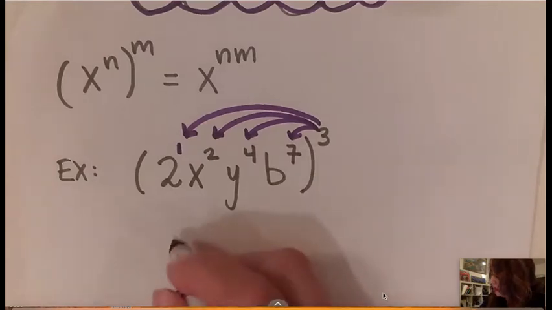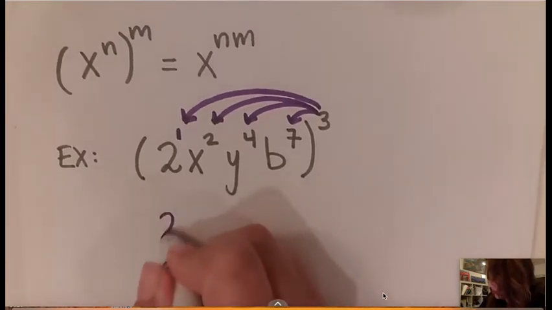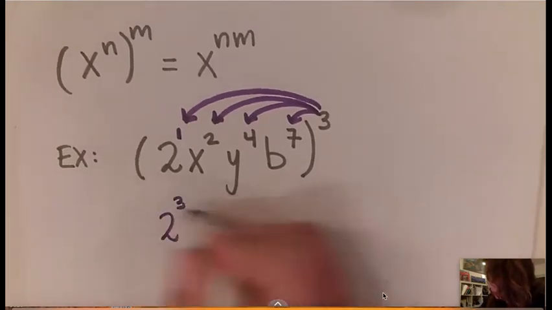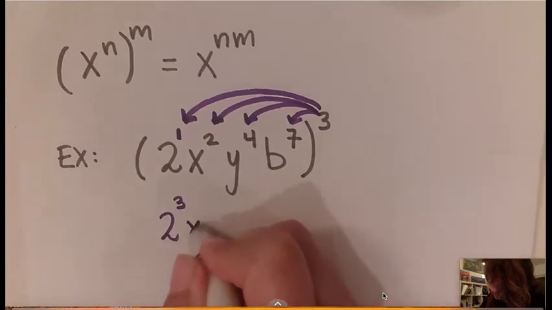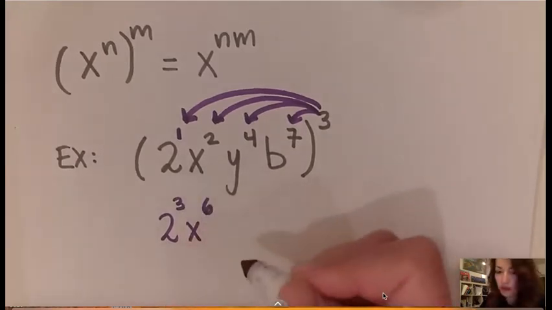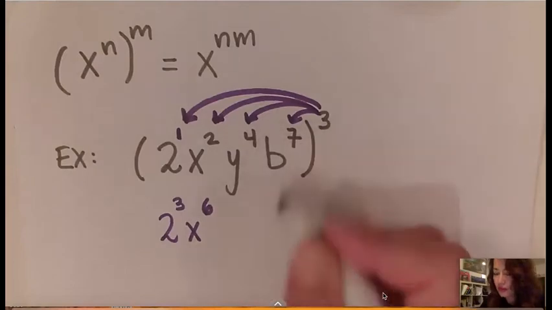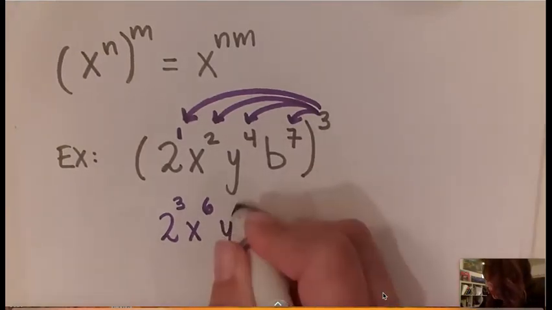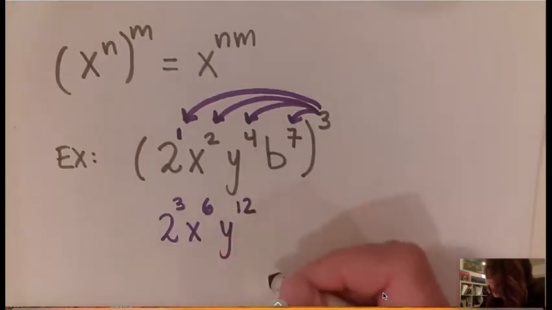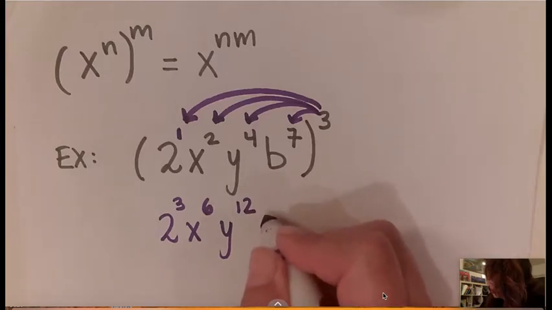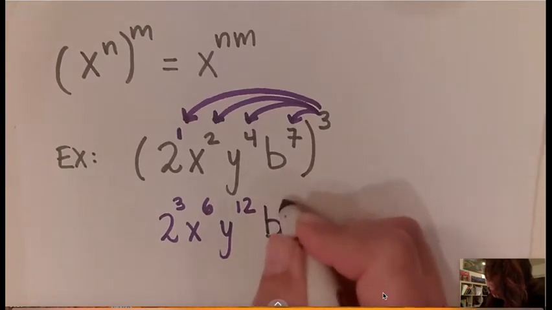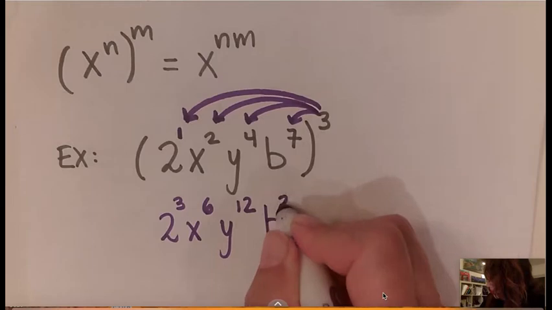So multiplying all this, distributing the powers, I'm going to have 2 cubed, x to the 6th. Remember you are multiplying, 4 times 3 is 12, so that would be y to the 12th, and then 7 times 3 is 21, so that would be b to the 21.